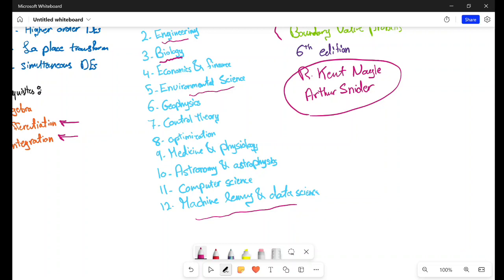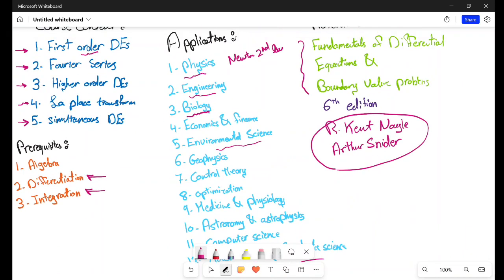Also, in computer science, it can be used in simulating and modeling various phenomena using numerical solutions to differential equations. And that's about it for our introduction to differential equations and their applications.